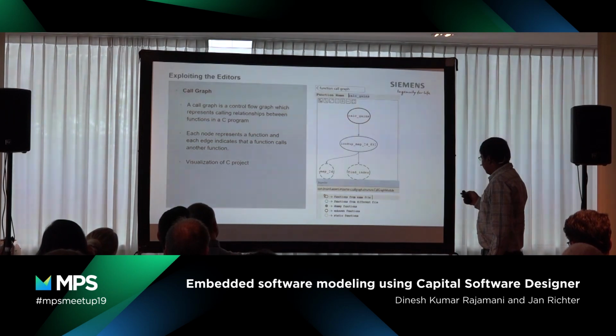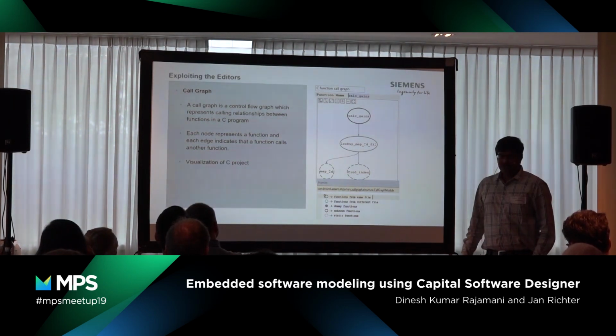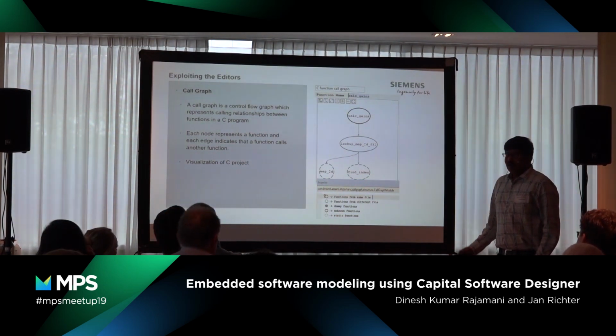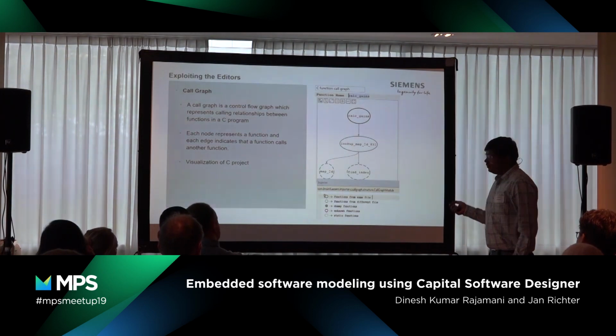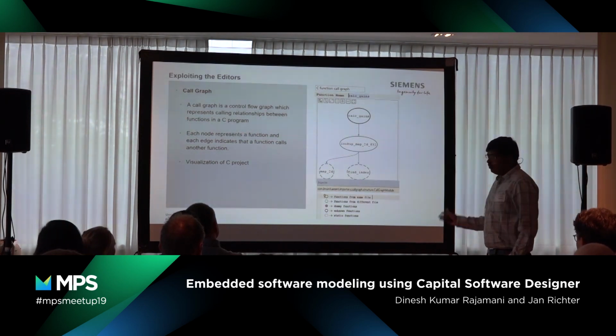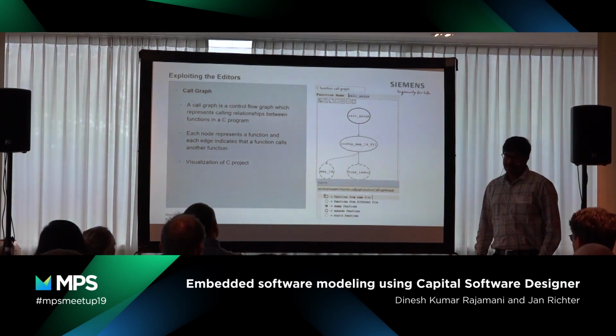So here, each node of the graph represents a function in C, and each edge represents a function call. This feature is used for transforming the legacy artifacts that the user has in the enterprise to a modern solution, model-based design.